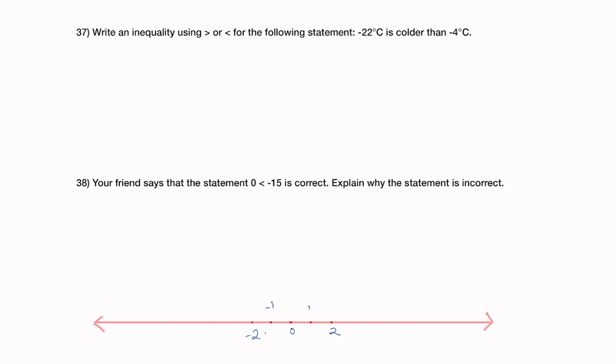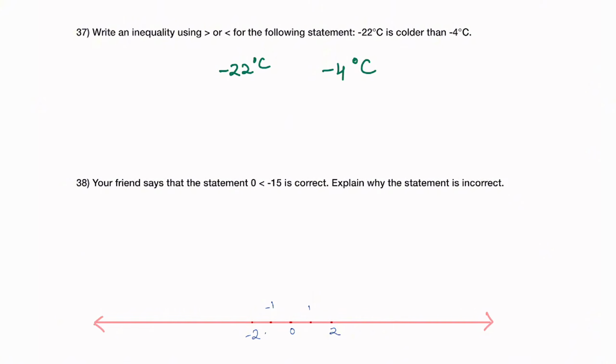The next one, write an inequality using greater than or less than for the following statement. Minus 22 degrees Celsius is colder than minus 4 degrees Celsius. So you have minus 22 and you have minus 4. That's degrees Celsius, that's degrees Celsius, okay? So minus 22 is colder than minus 4.